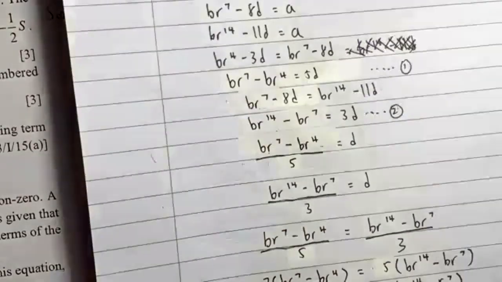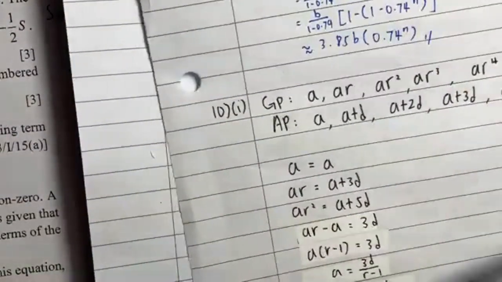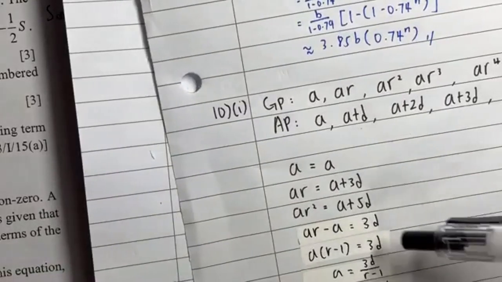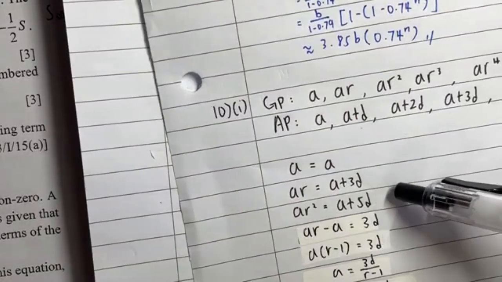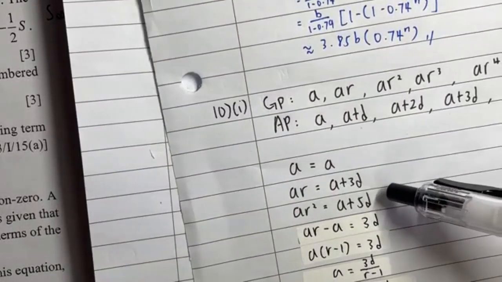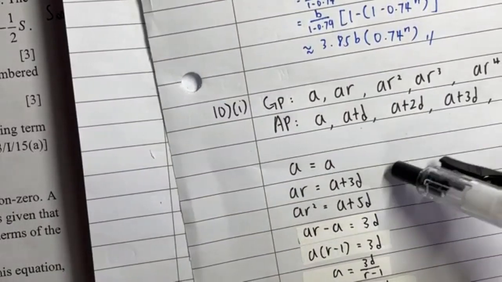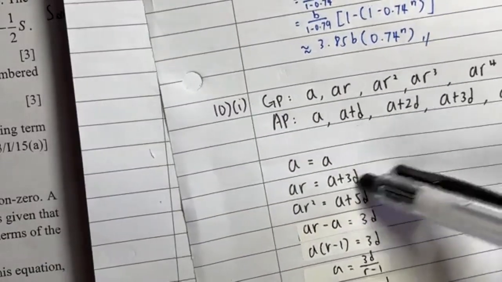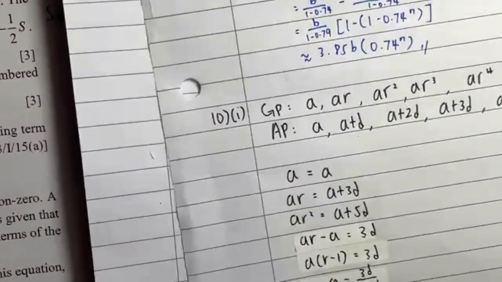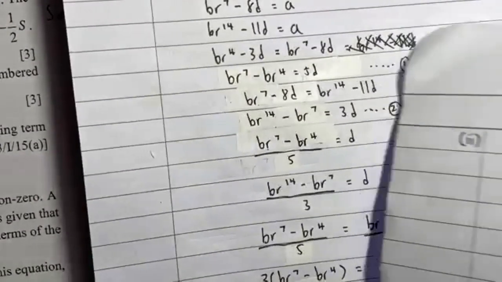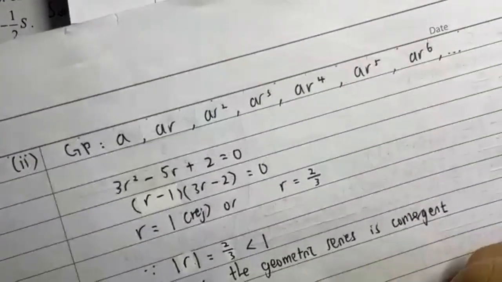Yeah. I can use the previous equation that I got. As in I can find D is equal to. Yeah, I think so. Yep. You can use the 3D, the A equals, yeah, you can use whichever you want. This one, right? 3D is equal to A minus A. Yep, I believe you can do that. And I think that's going to be very helpful.